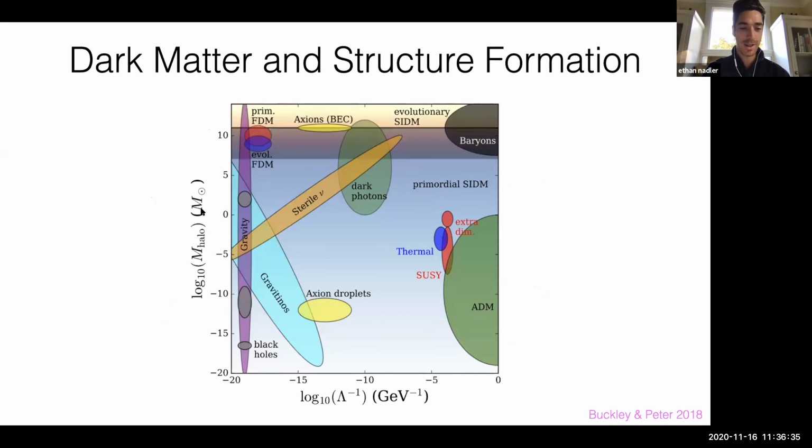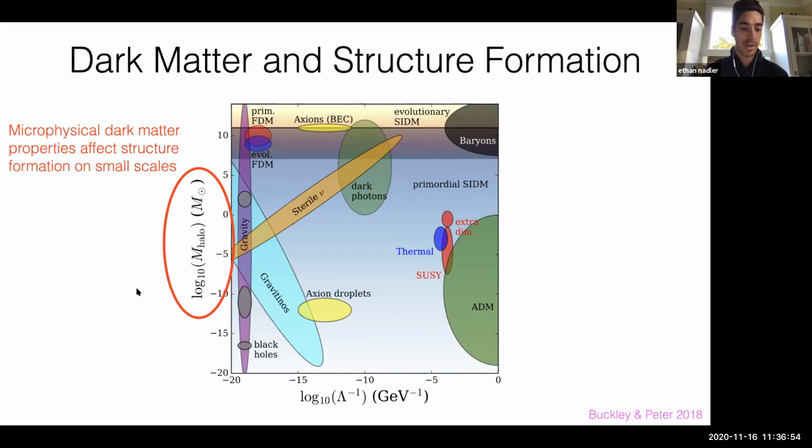This plot is from a very nice review paper by Buckley and Peter. It shows many of the models that I showed you on the previous slide in this parameter space: the coupling of the dark matter to the standard model on the x-axis, and on the y-axis what I'll call the minimum halo mass.